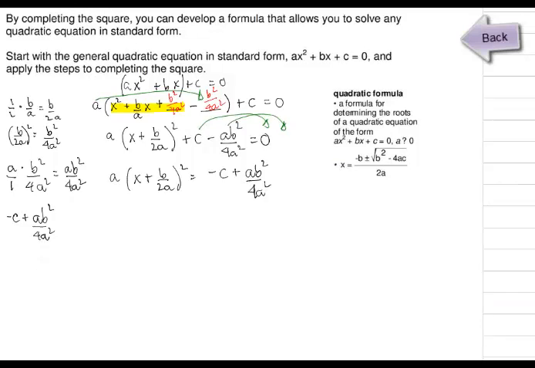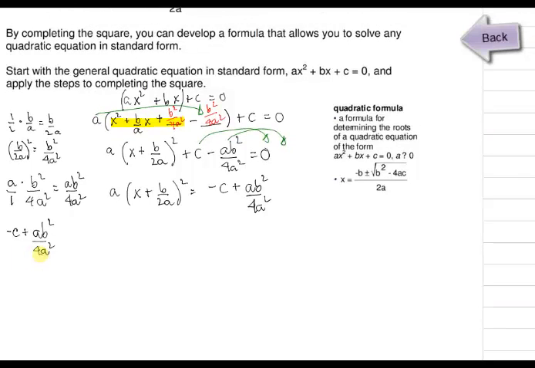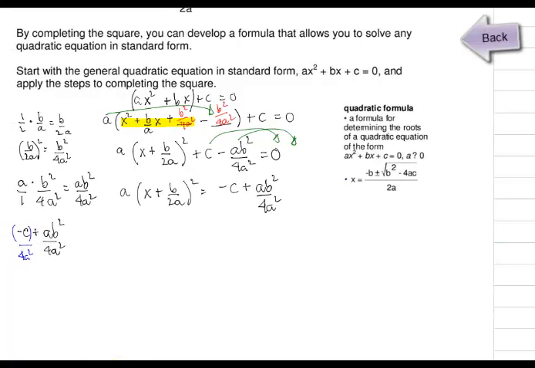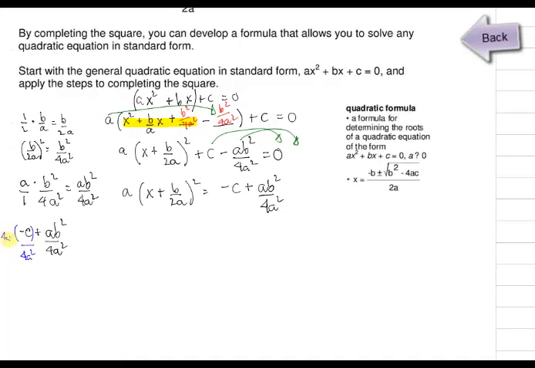Now, because I want to write that over one denominator, I want to make sure that my c has a denominator of 4a squared. In order to give it a denominator of 4a squared, I also have to times my negative c by 4a squared.